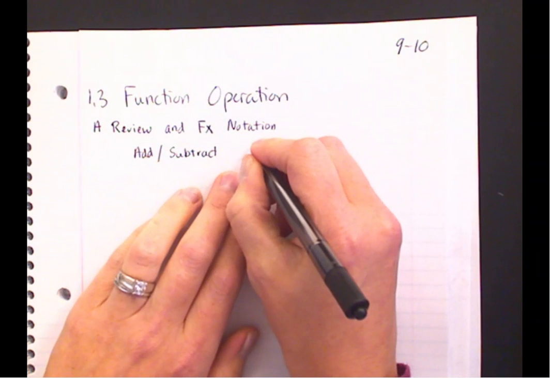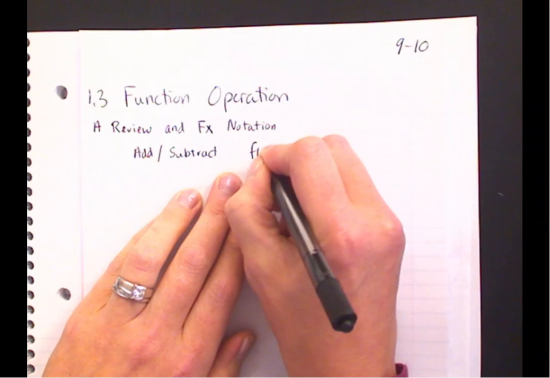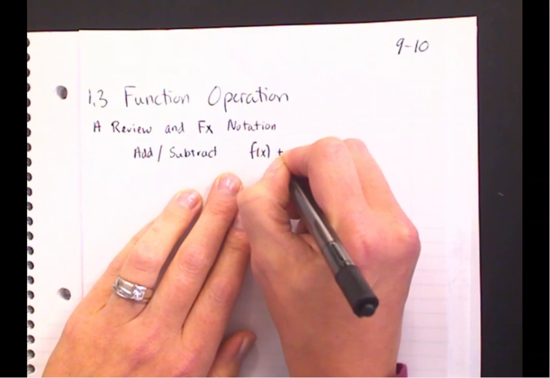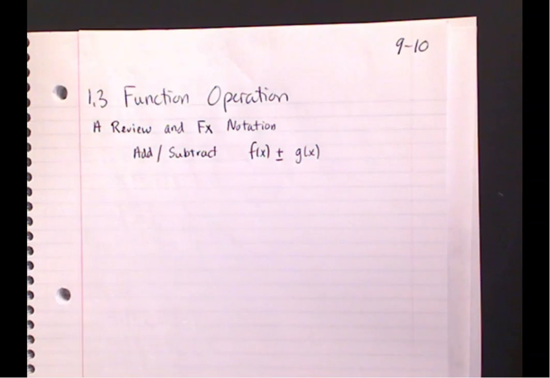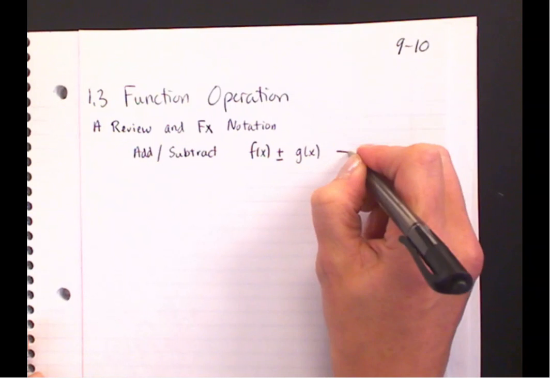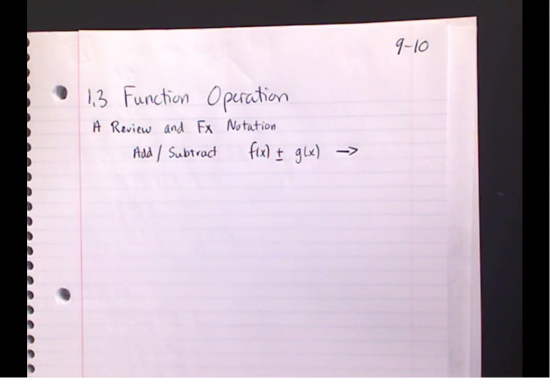It's going to look like this: f of x plus or minus g of x. That means that you've added two expressions together before, combining like terms, right? That's what add and subtract is, combining like terms. Now we're going to change the notation a little bit.